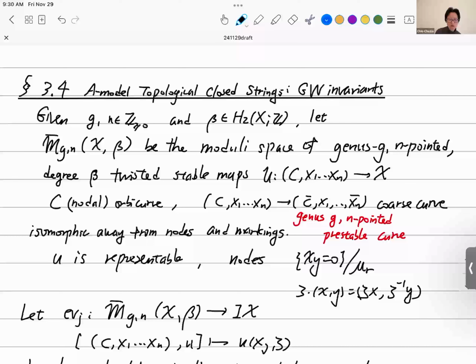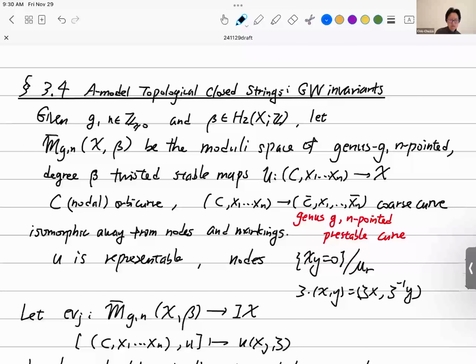First, since the target is now an orbifold, we want to allow the domain to have orbifold points, but we only allow orbifold points at the marked points or at the nodes. The other points are scheme points. So now you have a morphism from an orbifold curve to our toric Calabi-Yau 3 orbifold.